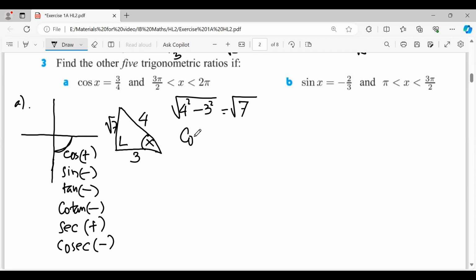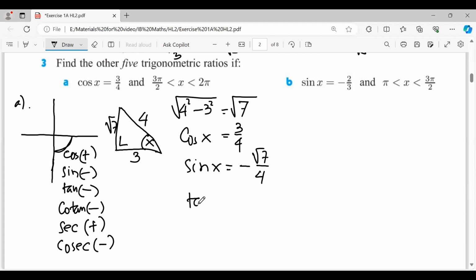So if cosine x is 3/4, it means sine x is minus, because on quadrant 4, sine x is negative root 7 over 4.